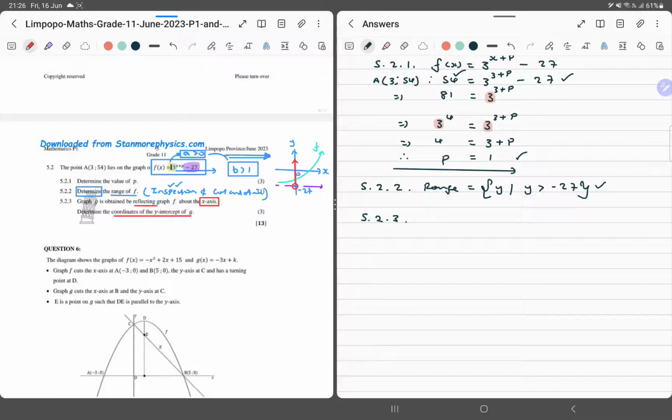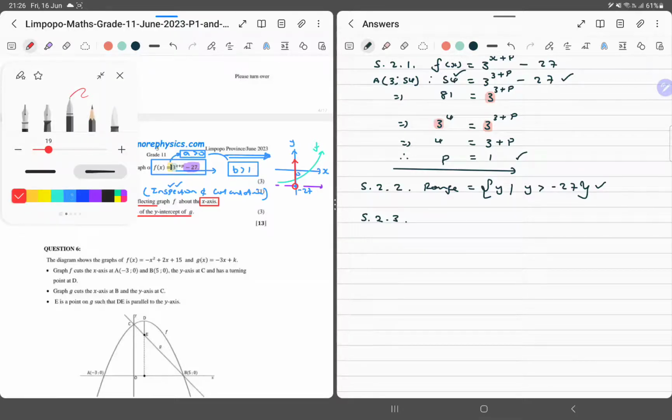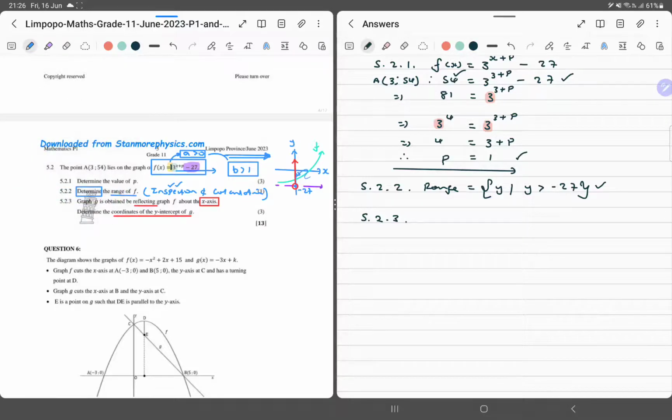We can find the y-intercept at this point right now, and if we find that out, we know that we're going to simply multiply all the y values by negative, so we'll just shift it to the other side. Or we first reflect this thing and then we solve. So whatever you want is up to you.